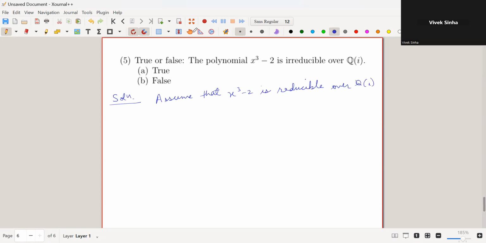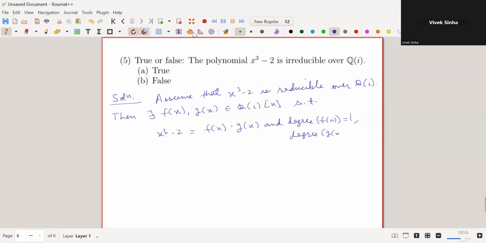If it is reducible, then there exist f(x) and g(x) in Q(i)[x] such that x cube minus 2 is f(x) times g(x), and also the degree of f(x) is 1 and degree of g(x) is 2, because the sum of degrees should be equal to 3.